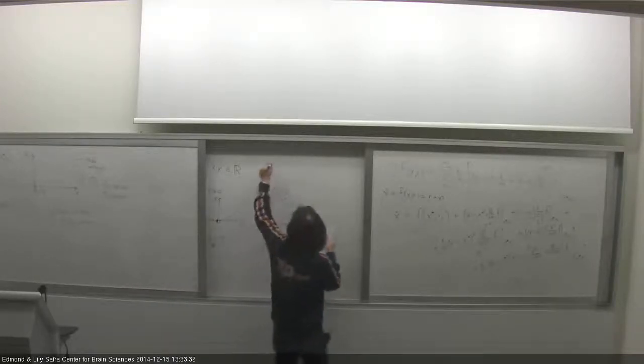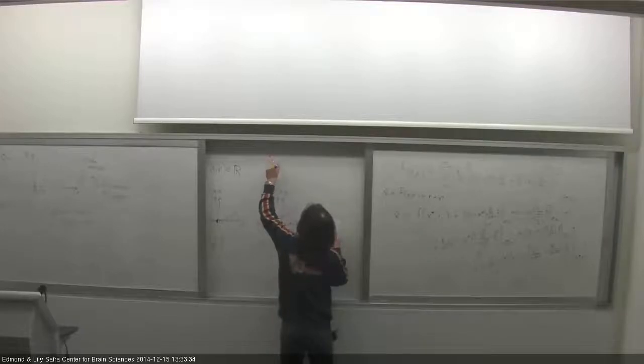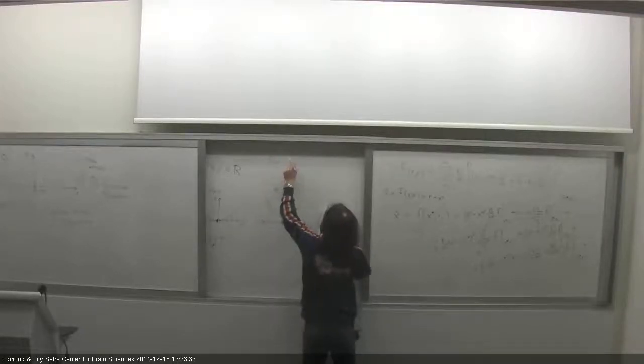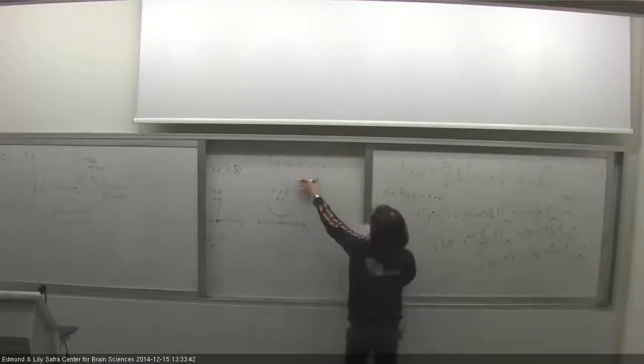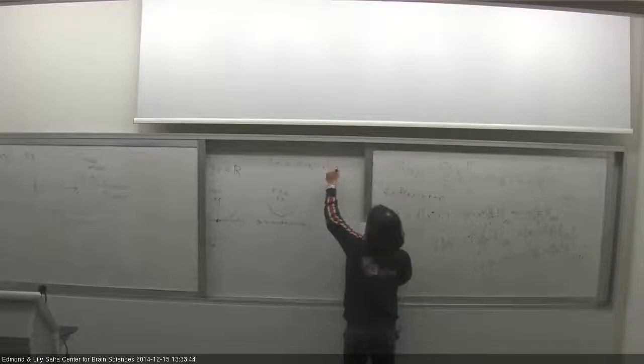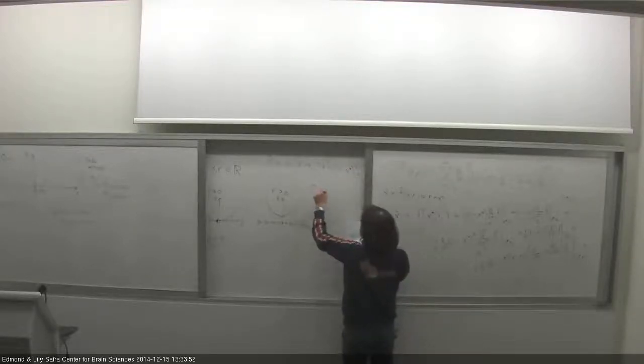And so finally, I get x dot equals some constant times a linear term in r and some constant times a quadratic term in x, and so on.